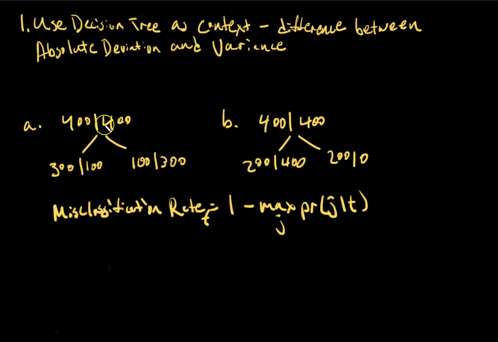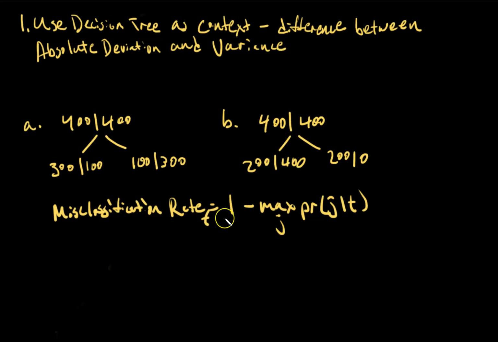For a given node, we're looking at what's the majority class. This is what the max means. The j represents the classes that are available under discussion. So in our case, we're talking about two classes, so j is going to be 1 or 2, for example.